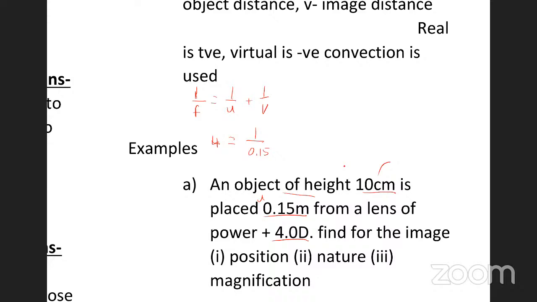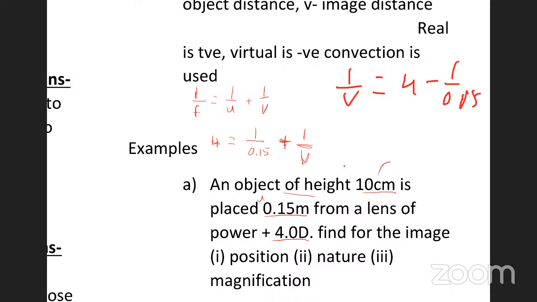And then plus 1 over V. And then you rearrange the formula. So 1 on V is equal to 4 minus 1 over 0.15.